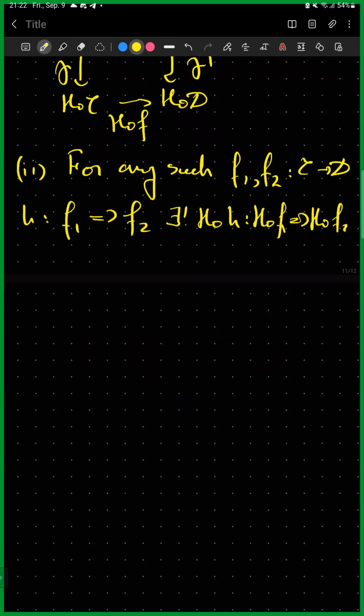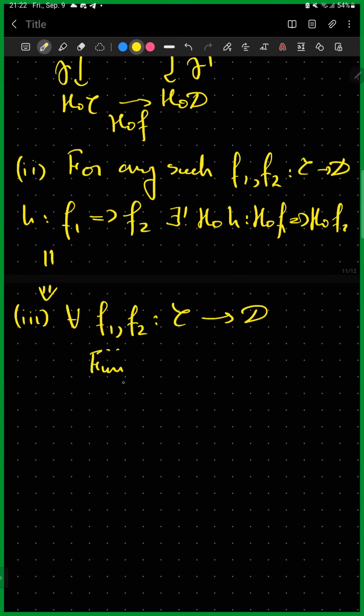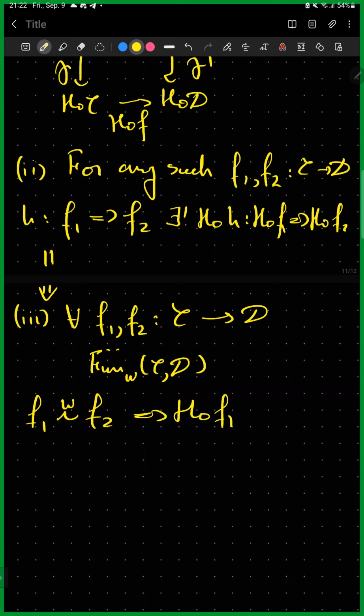This in particular implies that for any two homotopical functors between C and D, we assume additionally that F1 is weakly equivalent to F2, then their homotopical versions are not just equivalent, but actually isomorphic functors between homotopy categories.